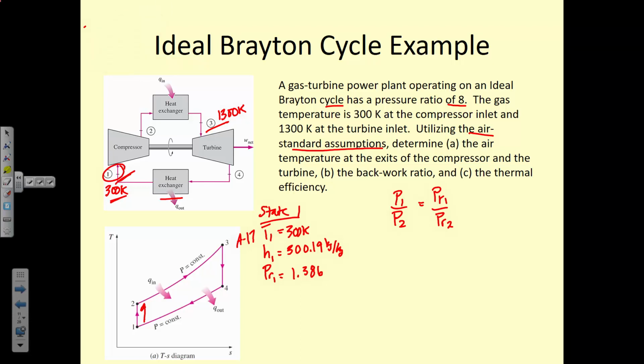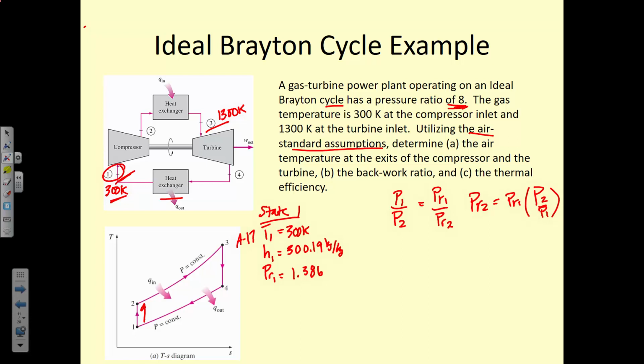Okay, so P1 over P2 is the ratio of the pressure before and after the compressor, or after and before the compressor, depending on how you want to look at it. So we saw that PR2 is equal to PR1 times the quantity of P2 over P1, and this P2 over P1 is our pressure ratio of 8.